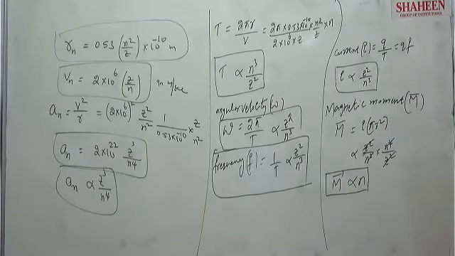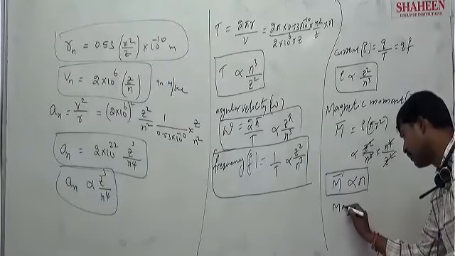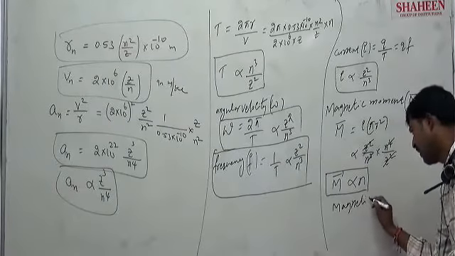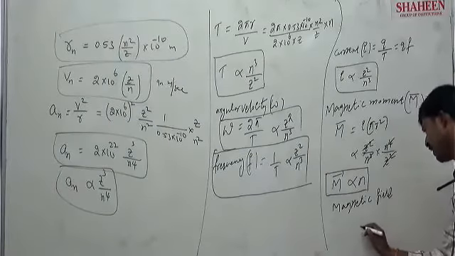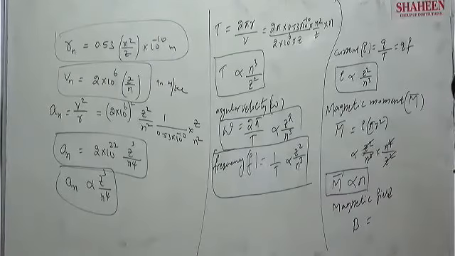Then finally magnetic field, that is B bar. What is magnetic field? Mu naught I by 2 r at the center of the circle.